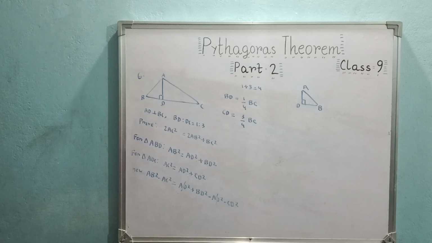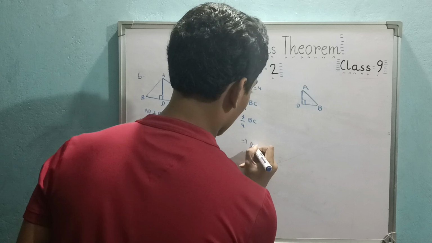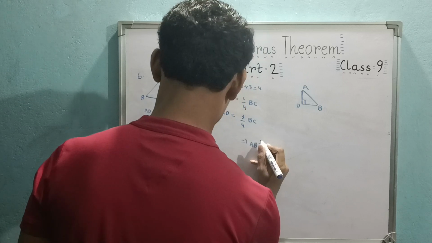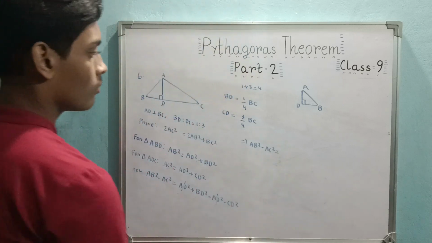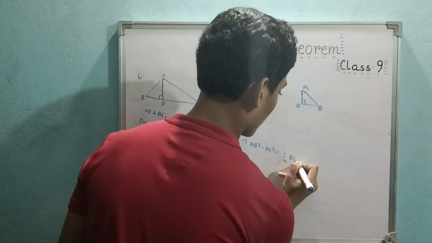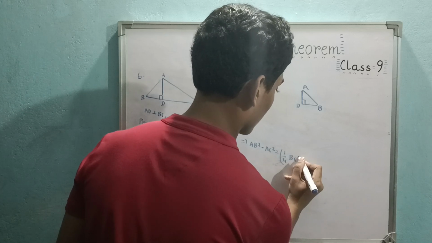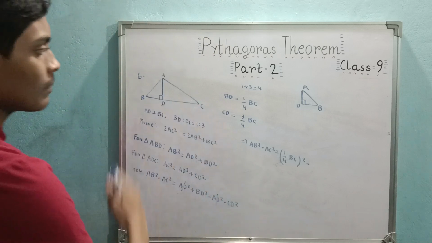Now, BD is 1 by 4 BC. Okay. So AB square minus AC square equal to 1 by 4 BC square minus CD square, which is 3 by 4 BC square.